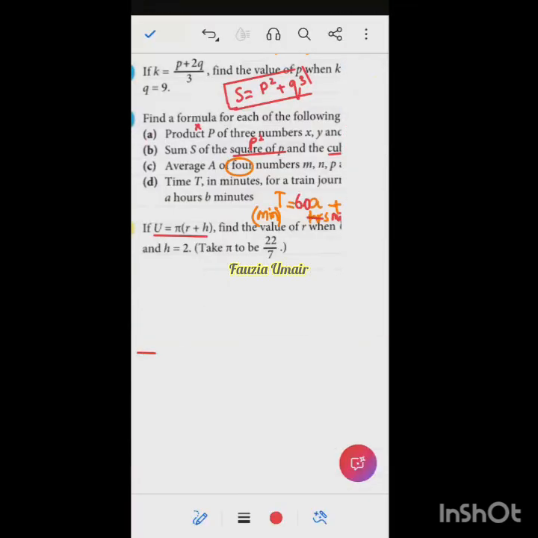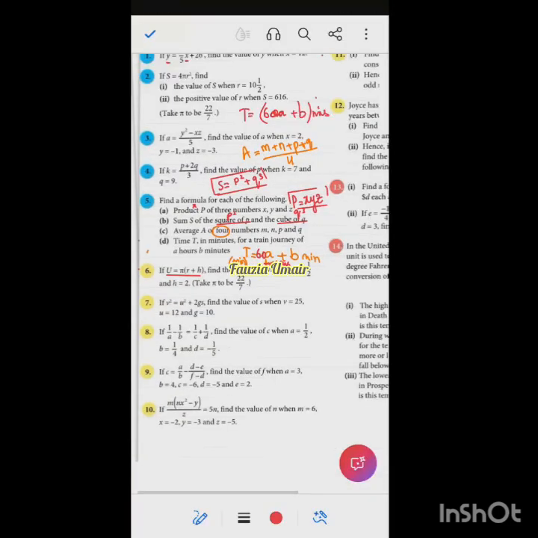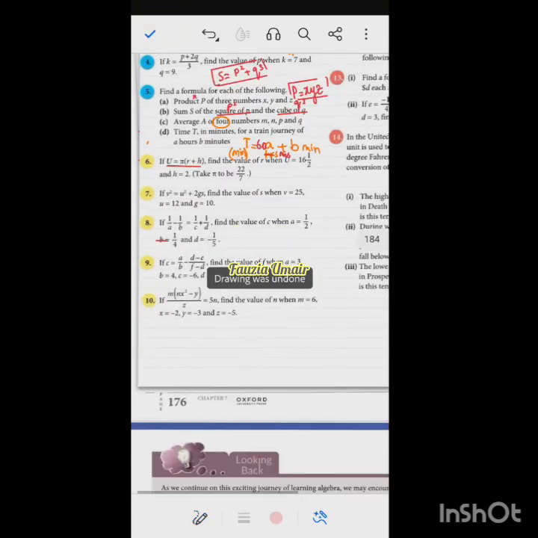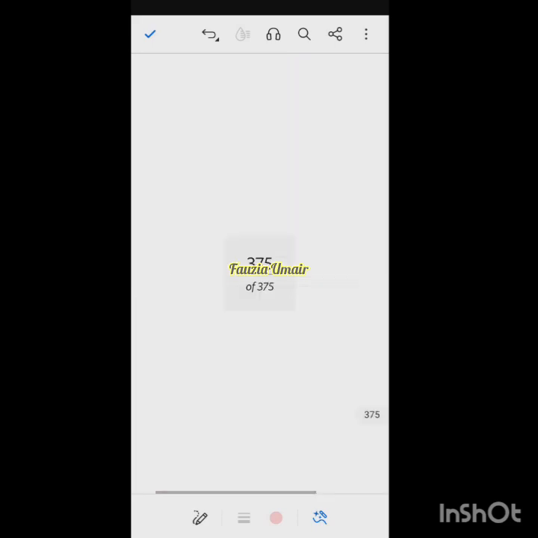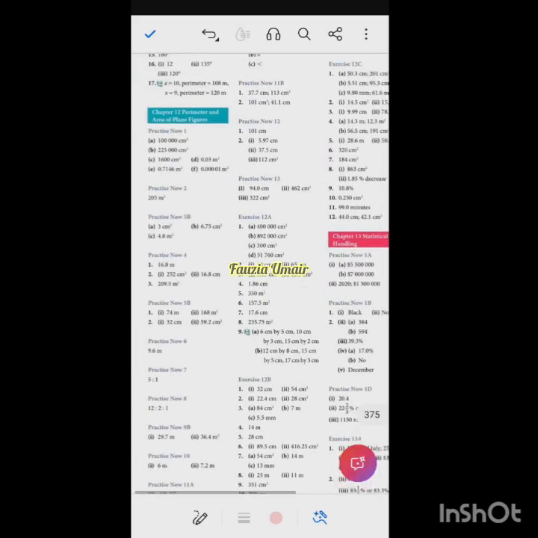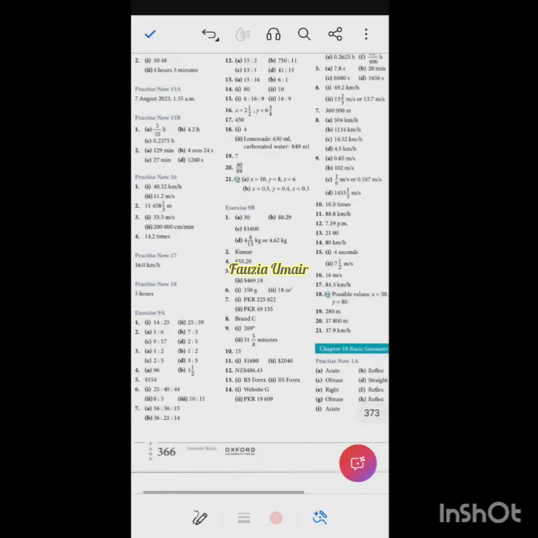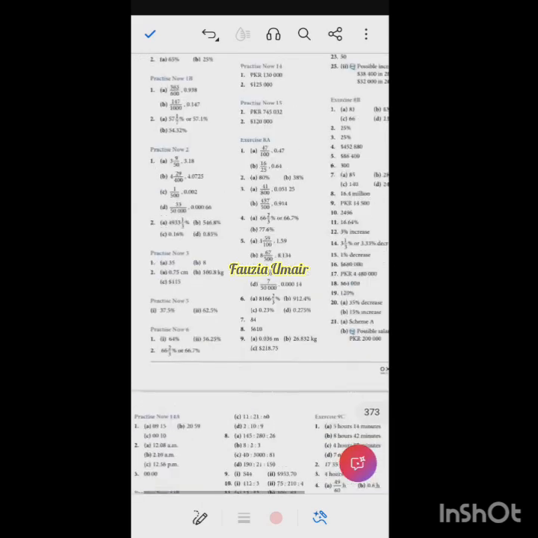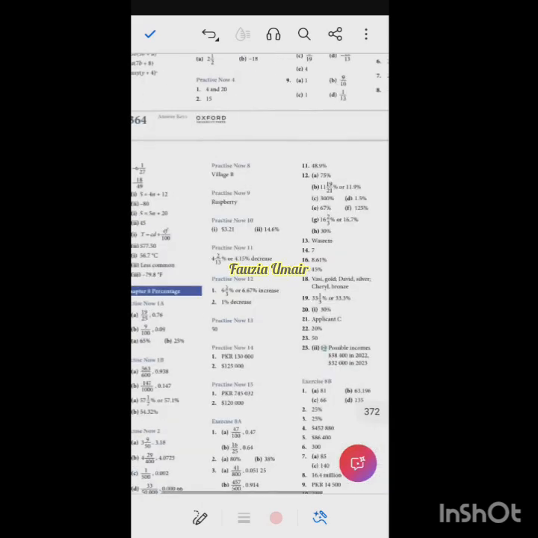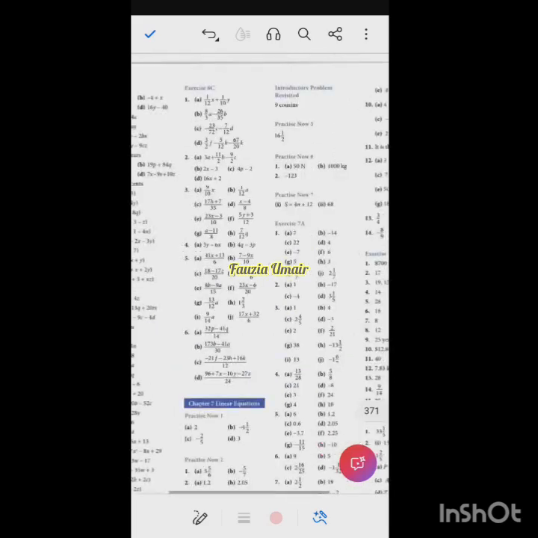Let me see which question. This is page 176. Question 9 of 7C. We can go to the end of the book. These are the answers. Chapter 7, we have to go. Abrish, can you see the screen? Can you see the answers? Yes.